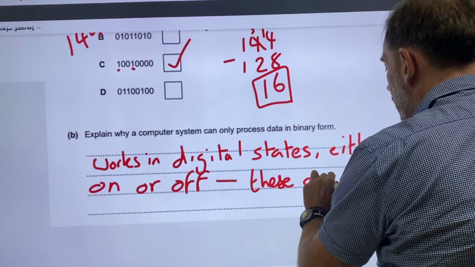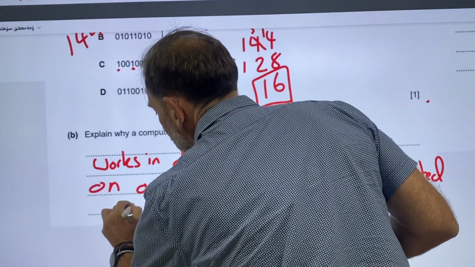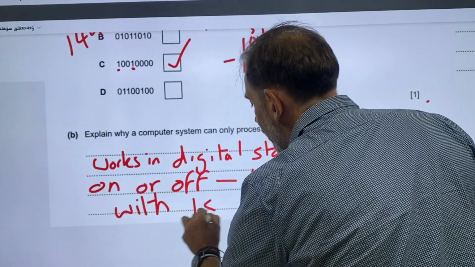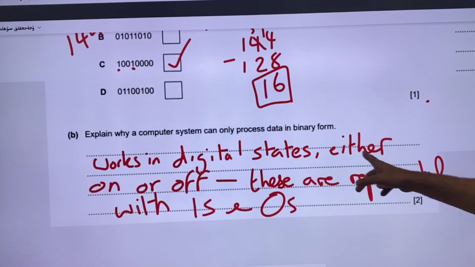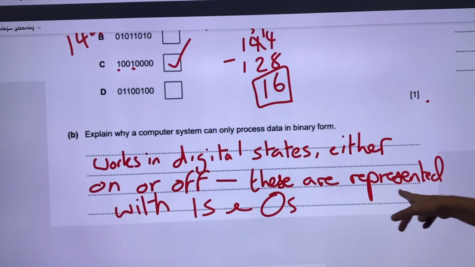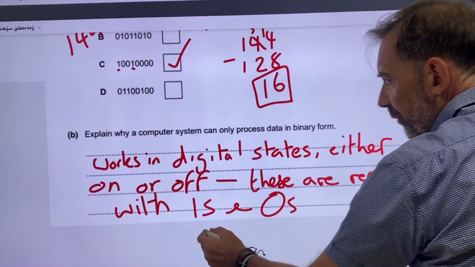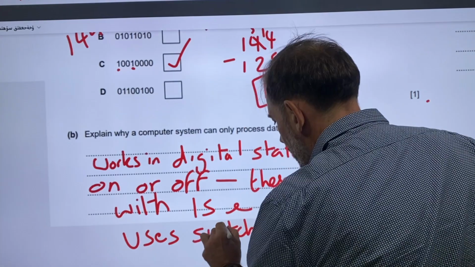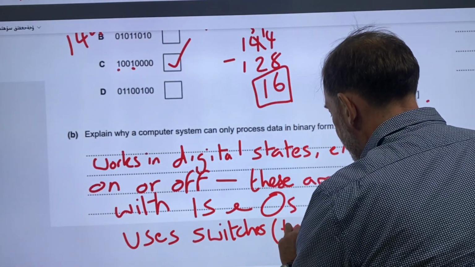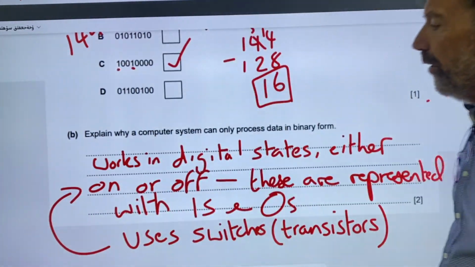These are represented with ones and zeros. So it works in digital states, either on or off, represented in ones and zeros. We could mention as well switches, transistors, for the on or off bit.